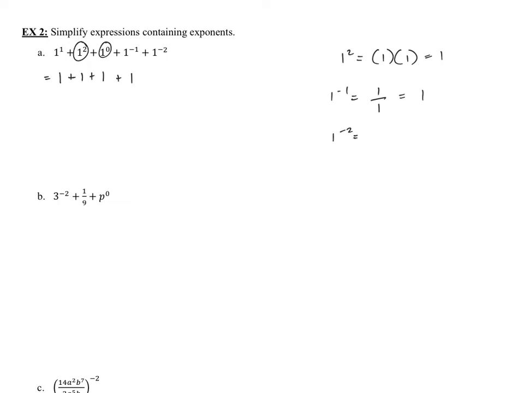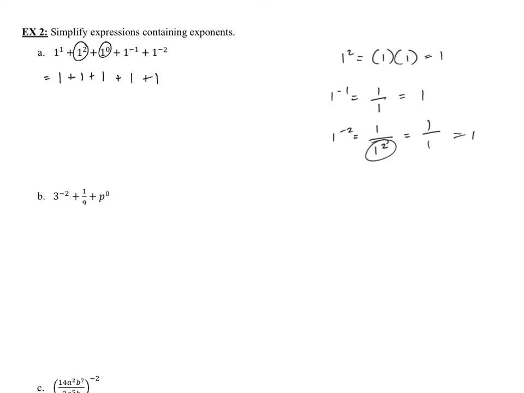Let's see, that's going to be 1 over 1 squared. What is 1 squared? 1 squared is going to be 1 times 1, which is just 1 again. Then 1 divided by 1 is just 1.